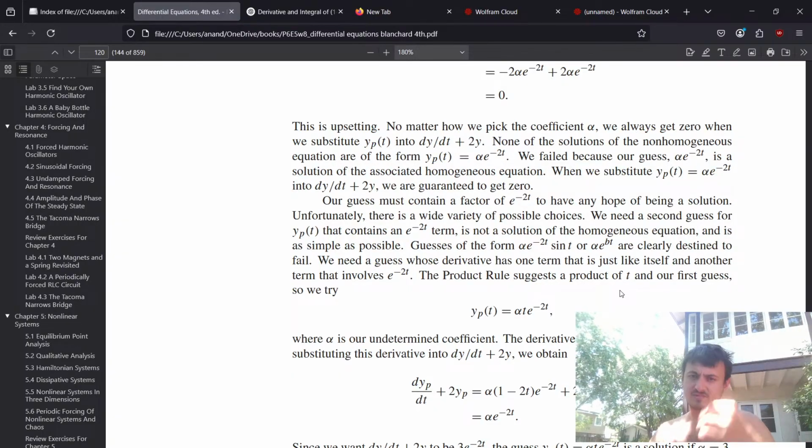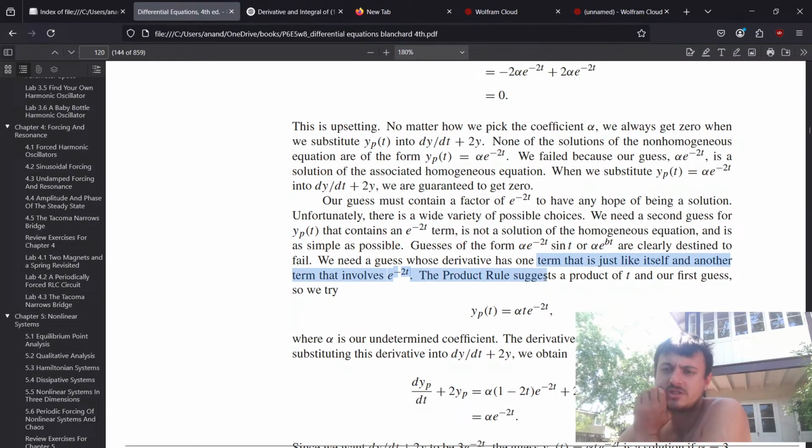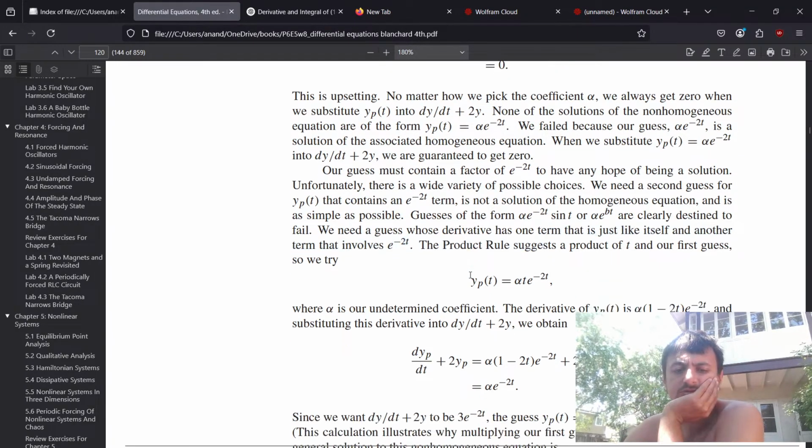What? The product rule will suggest that.